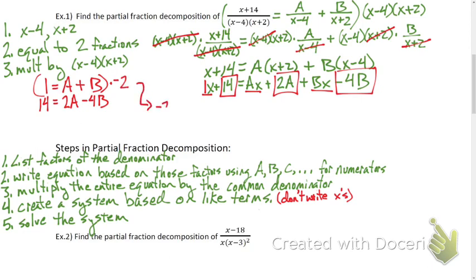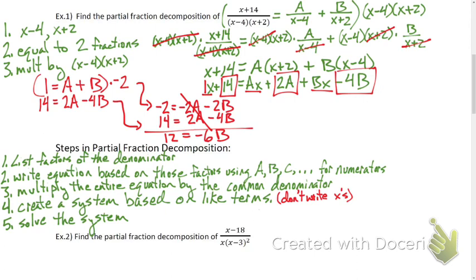And I get -2 equals -2a minus 2b. I'm going to copy this one as is. And when I combine them, the a's cancel out. And I see that b equals -2.